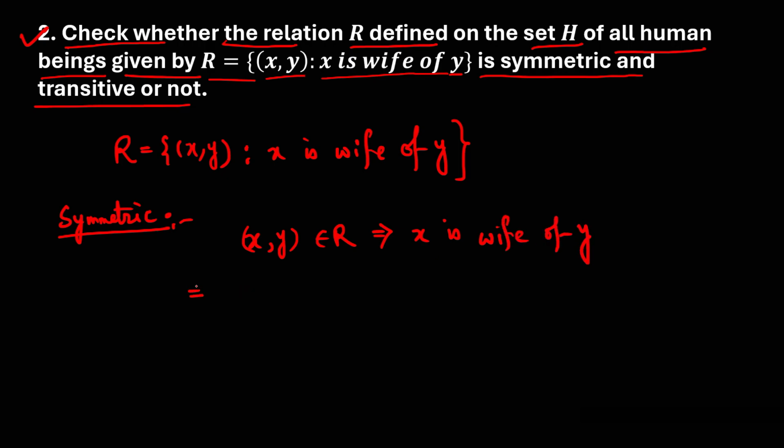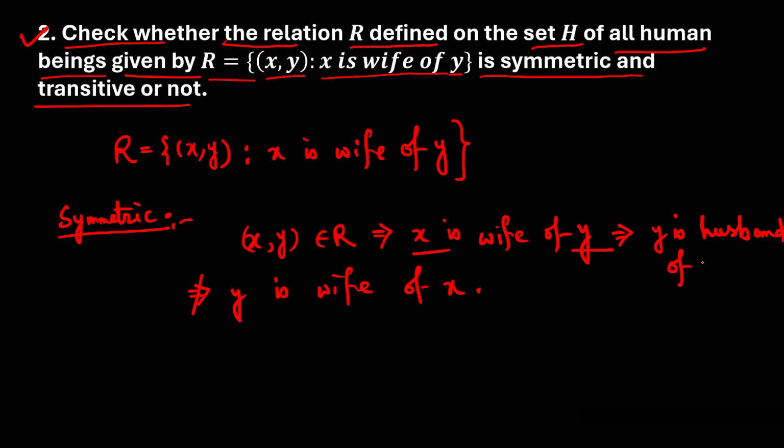This does not imply that y is wife of x, because if x is wife of y, then y is the husband of x. That implies (y, x) does not belong to R, and so R is not symmetric.